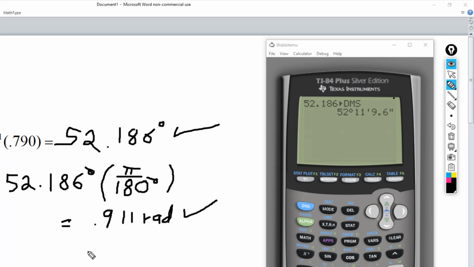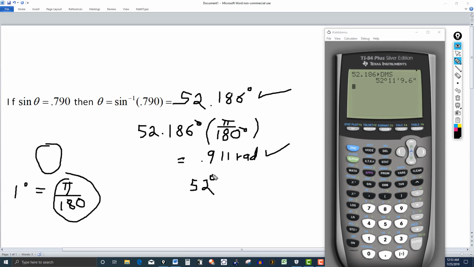So this is another way to give your answer: 52 degrees, 11 minutes, and 9.6 seconds. Usually you round that off, say, to 10 seconds. Remember, 1 minute has 60 seconds.